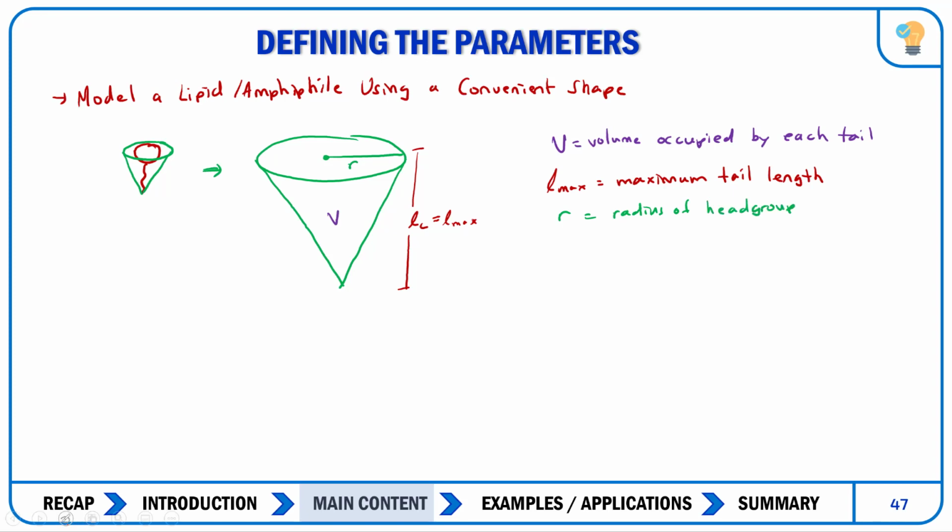I also want to introduce a term that is just A, and that is commonly represented by little a naught, which is the optimal or preferred head group area.